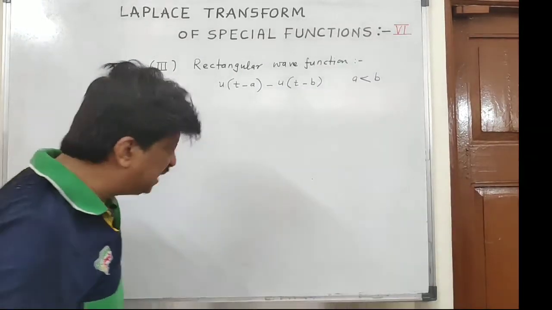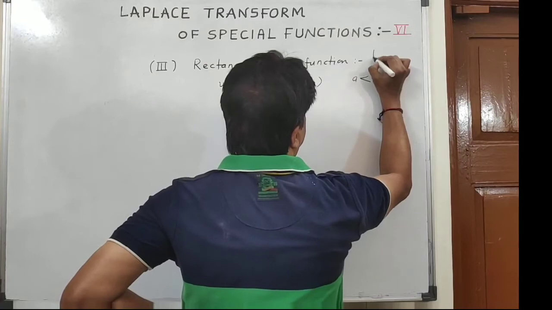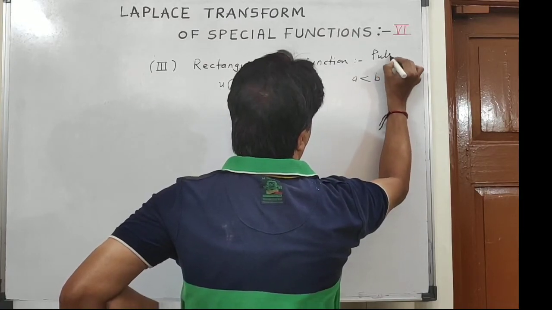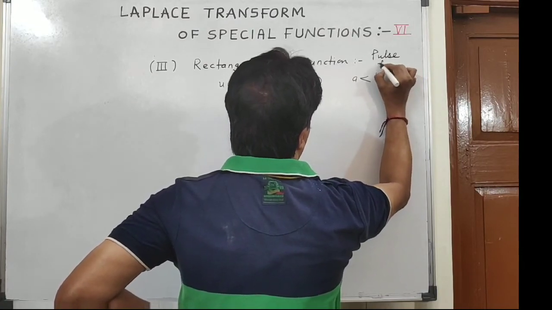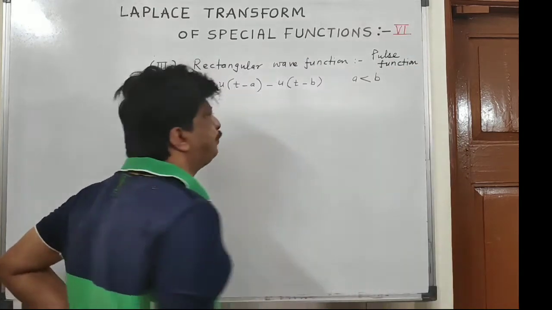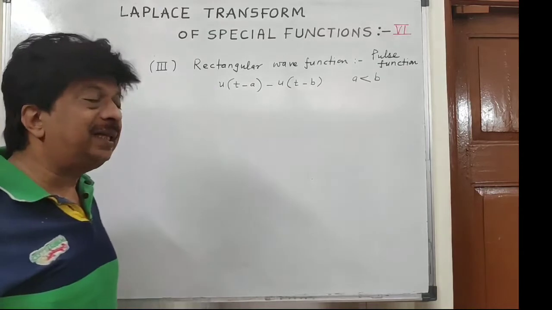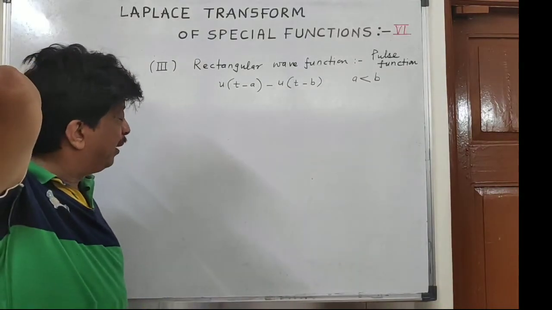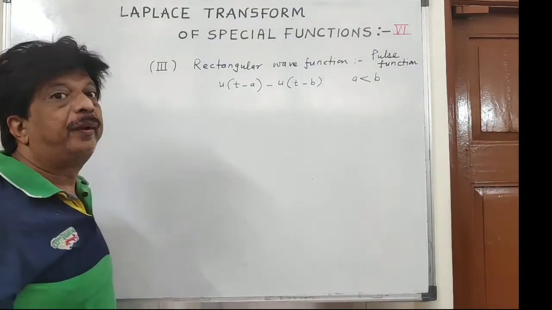It is also called the pulse function. Why is it called a rectangular wave function? The name is given after the plot that we will see now.